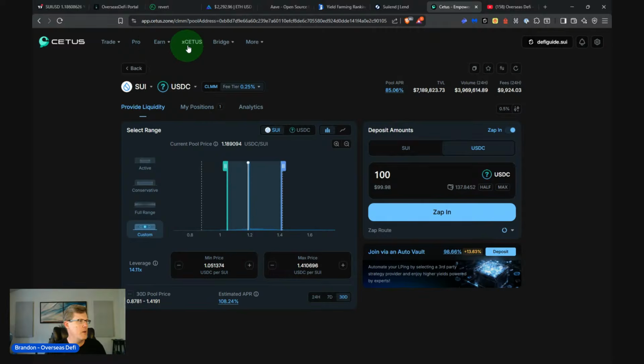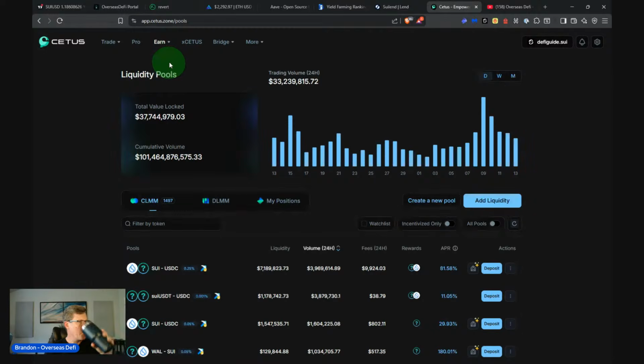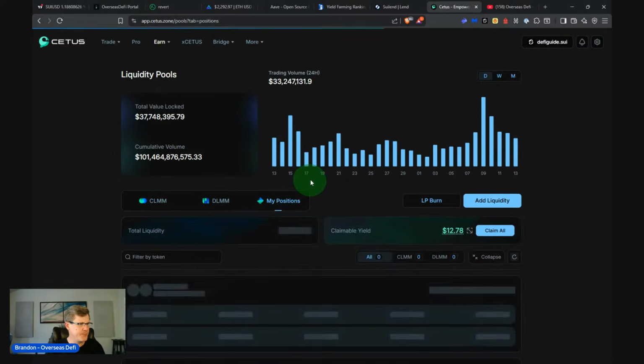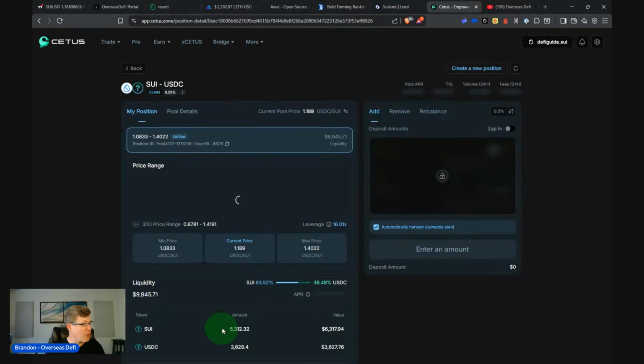So if we go back to pools and click on my positions, you can see this liquidity position here. This is my Sui USDC position. My range is a little bit tighter than what we discussed, from $1.08 up to $1.40. This is a little bit more narrow.